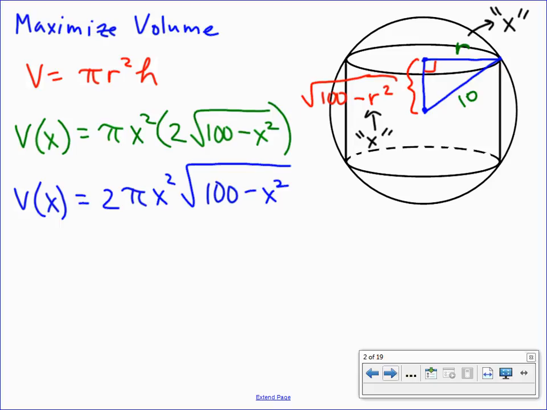But then again, it would just be a flat disk, and so that would have 0 volume too. And so you could make the argument that, yeah, we could go 0 to 10 and have a closed interval. Or we could still do the first derivative test so that I can see the sign chart and be confident that we've reached a max.